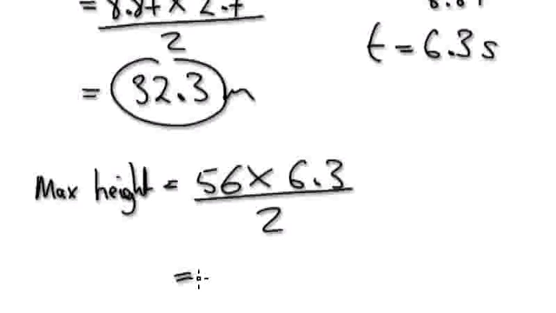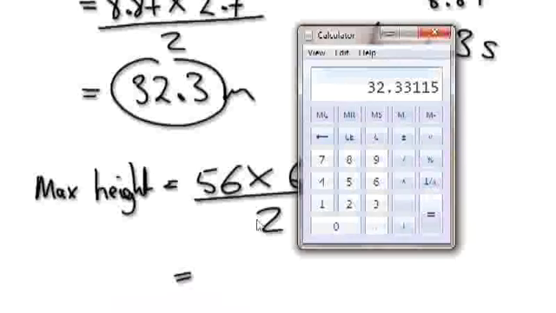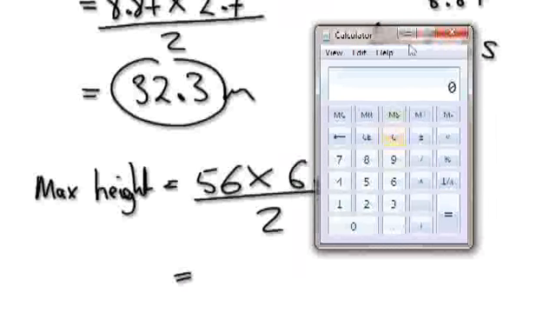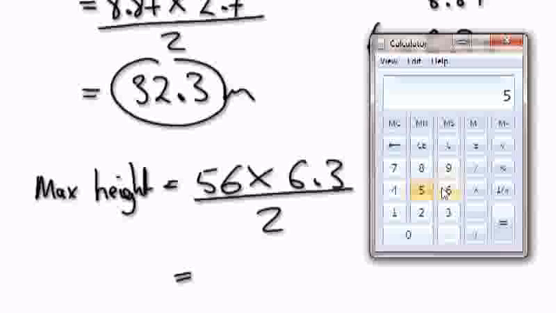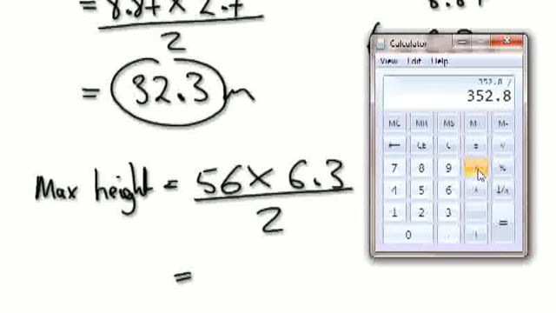Okay, so now jump to a calculator. Maximum height will be 56 times 6.3 equals this, and then we've got to divide it by 2. Divided by 2 equals this.